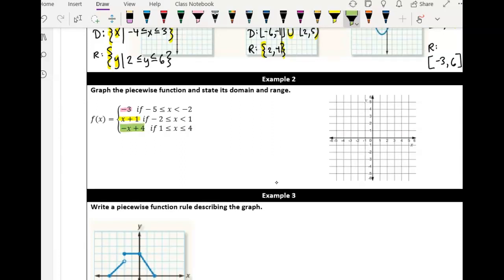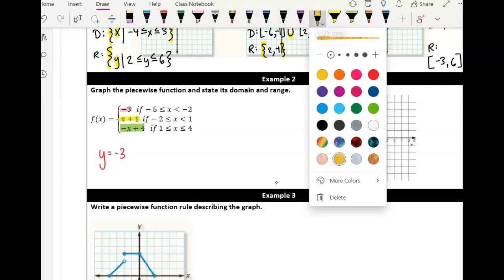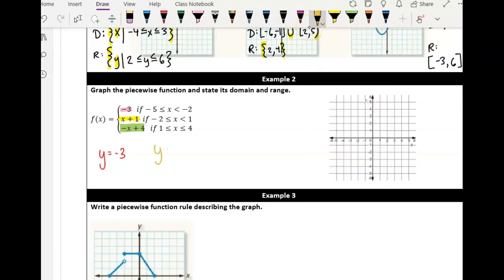So this is what we have right here. We have y equals -3. We have y equals x plus 1. And then we have y equals -x plus 4. So those are the 3 different equations that we want to graph, but we have some parameters, okay?